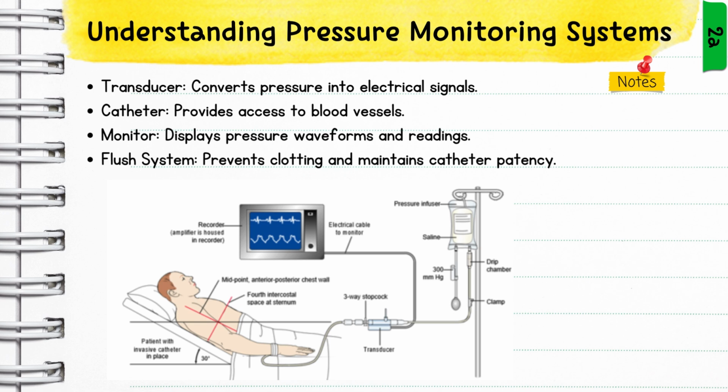So, understanding the pressure monitoring system. I have a picture here on the screen, a generic picture. These are words I already said before, but just so you know, there's a transducer. If you look right there in the middle, it says a 3-way stopcock. That's the thing that can turn a line on or off.